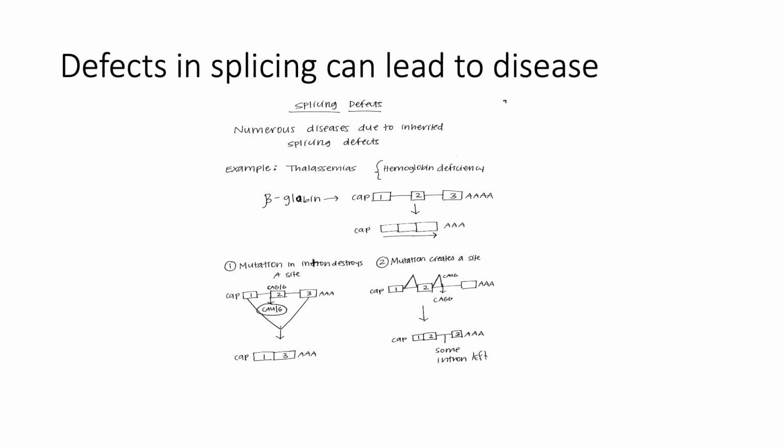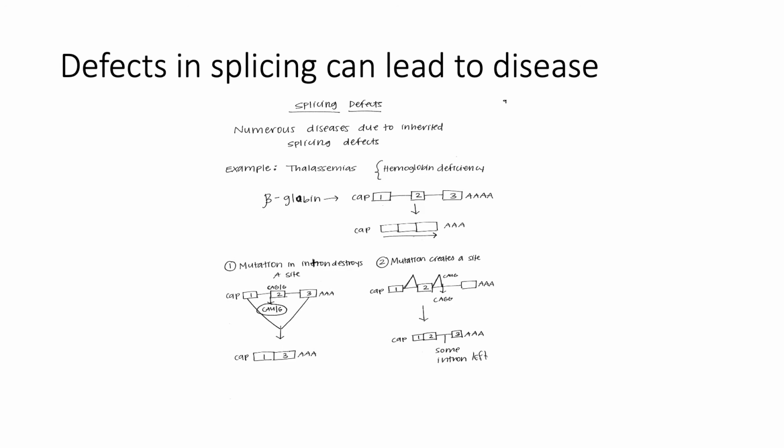So if you're making globin, and if you have a normal globin gene, you're making globin just fine, and 2 or 3 or 4% there's an error, so you still have 97, 98% of the transcripts are fine. So you can lose a little bit and still obviously not have any kind of great defect. It's when it's inherited and every single transcript is defective, that's when you see the problem. Okay, so that's defects in splicing.